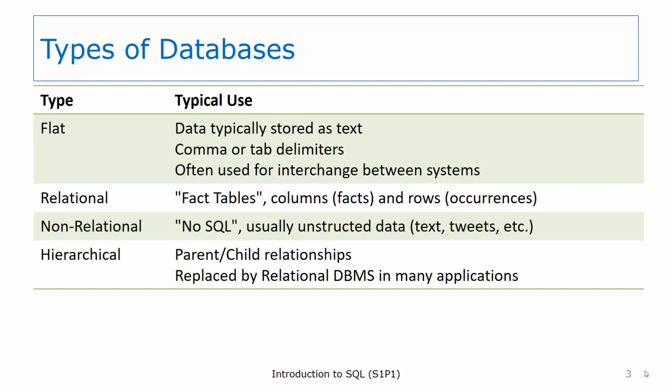Flat files are typically used to export data from one database and import it into another. You'll learn more about exporting and importing data later in this course. A relational database organizes data into tables. A table is defined in terms of its columns, which contain the individual facts, and the collection of columns, called a row.